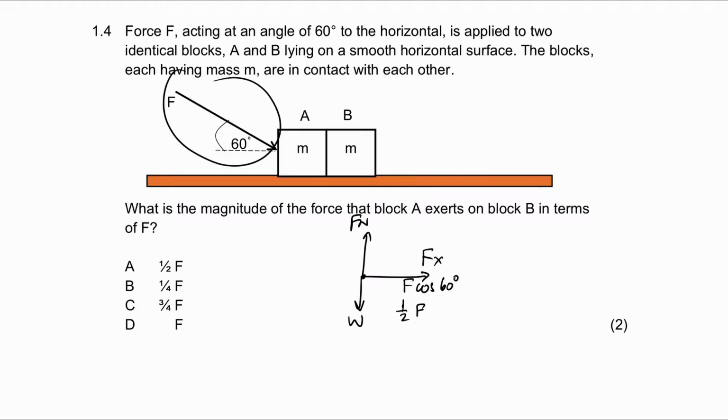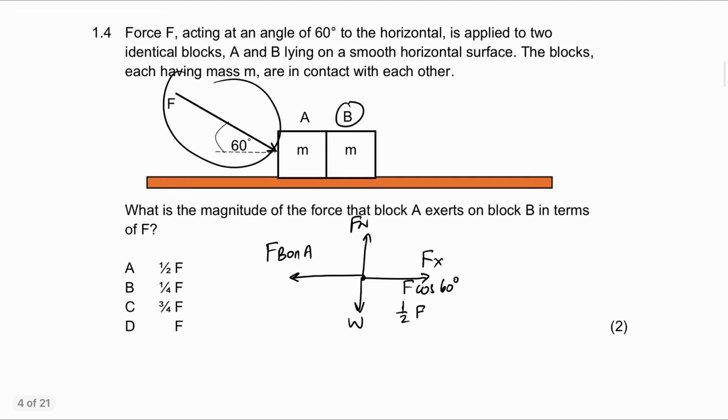However, because it is in contact with block B, block B is going to be pushing block A to the left. So there's going to be a force of B on A here. Now, if I draw a free body diagram for block B, I'm going to have a normal force, so Fn, there's going to be weight, and there's going to be the force that A exerts on B.